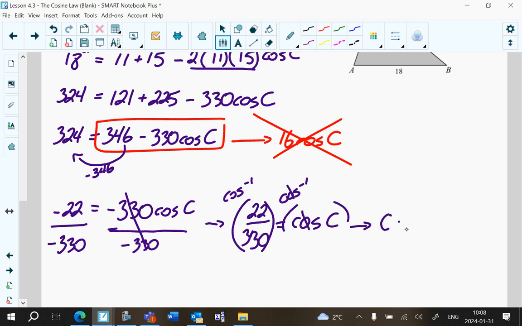So therefore, C is going to be the cos inverse of 22 divided by 330. I got 42. Try that again. Anybody else want to take a shot? 86 degrees is correct.